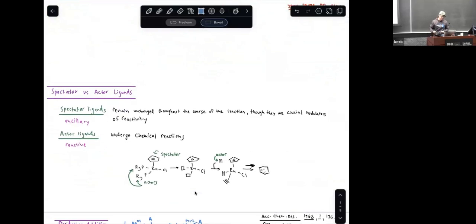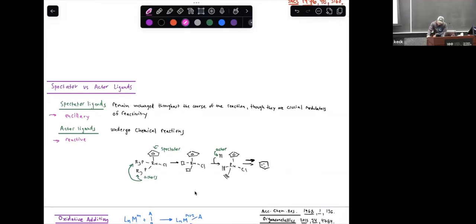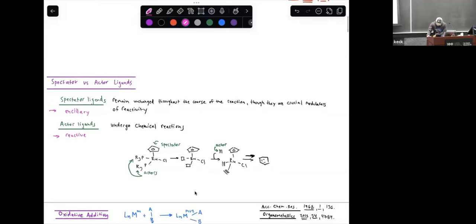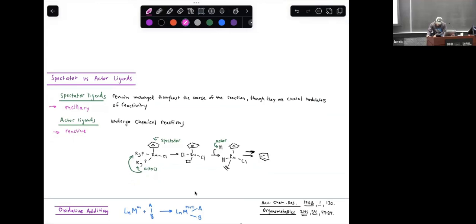Okay, quick point of terminology here. You will hear this in talks, you will see this in papers from time to time, nomenclature here of spectator ligand versus actor ligand, also sometimes referred to as ancillary or reactive, respectively. This is easiest to understand just by considering a specific example. The specific example is an alkyne trimerization, something we'll cover a little bit later. In this alkyne trimerization, you have a couple different things going on.